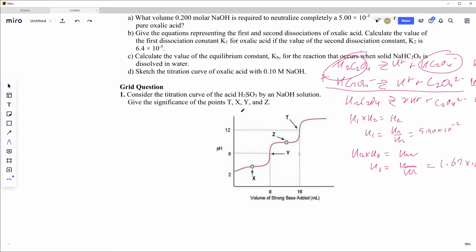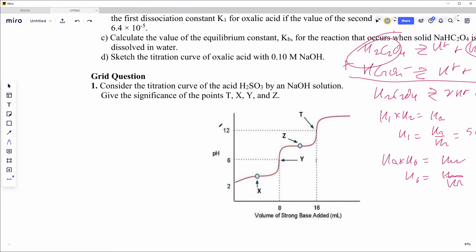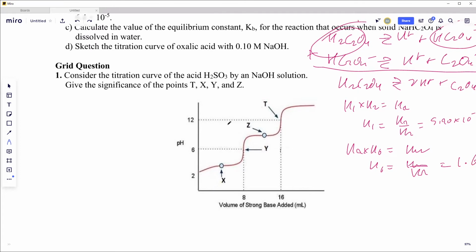Now let's solve this question instead. We want the significance. We want to describe these are the equivalence points and these are the half equivalence points: the first half equivalence point, second half equivalence, first equivalence, second equivalence.